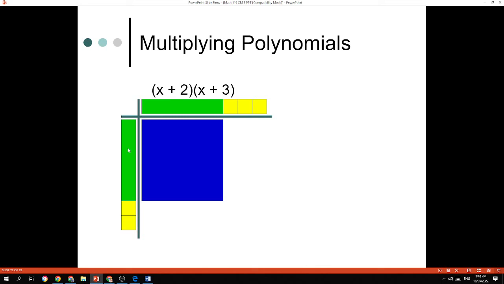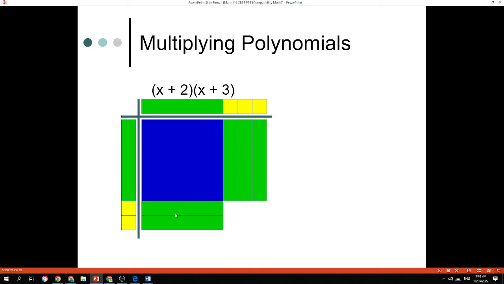Next, this will create three green rectangles, because positive and positive, so I put them in this part. The same thing with this one. When combined, I'll be having two green rectangles.